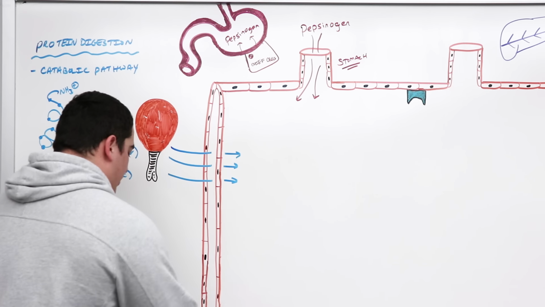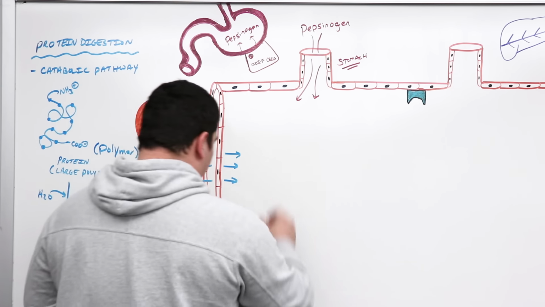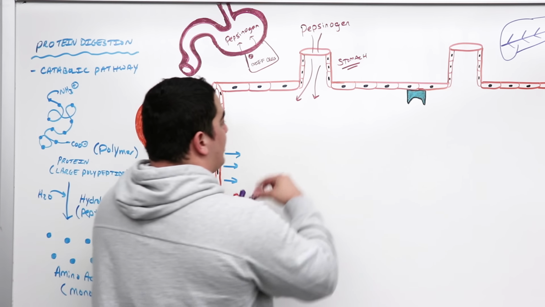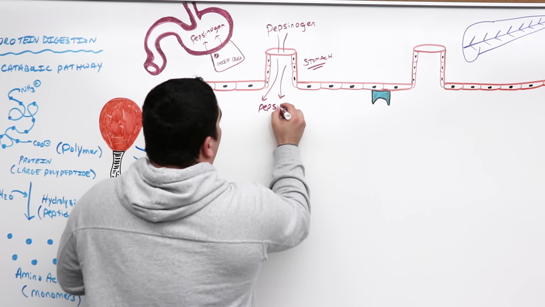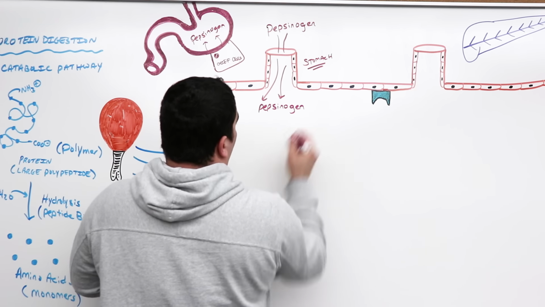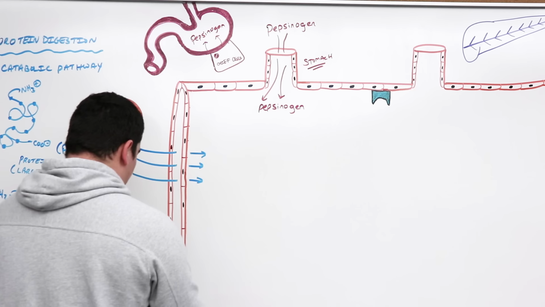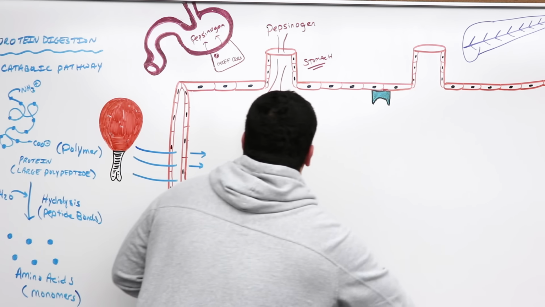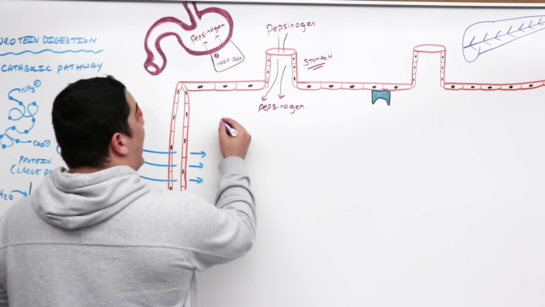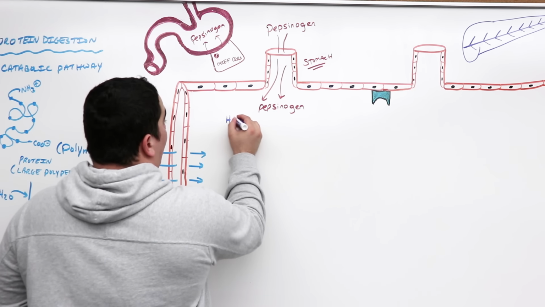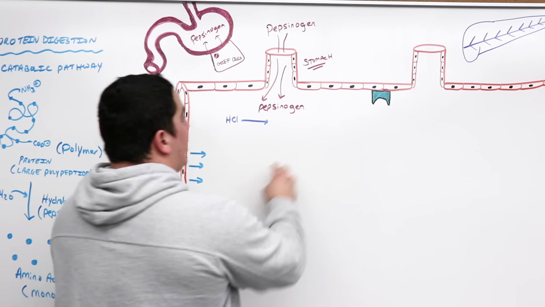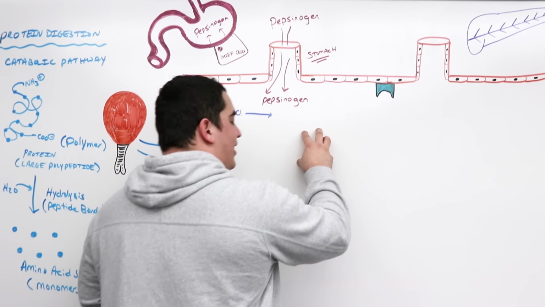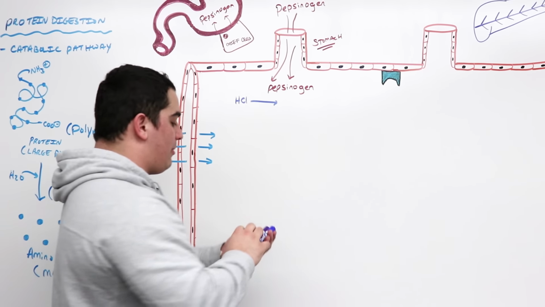So now the first thing I want to do is bring pepsinogen into the lumen. When the pepsinogen is brought into the lumen, if you remember, we talked about these parietal cells. And the parietal cells were secreting a molecule called hydrochloric acid. What the hydrochloric acid was doing is helping to decrease the pH in the lumen of the stomach.